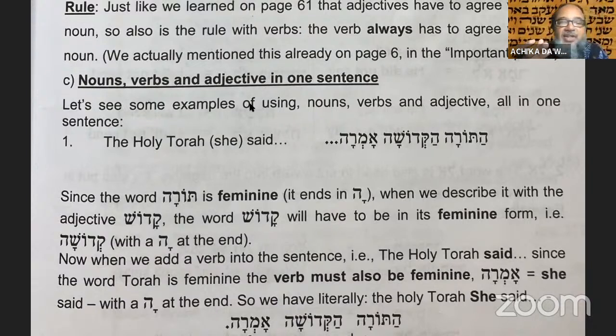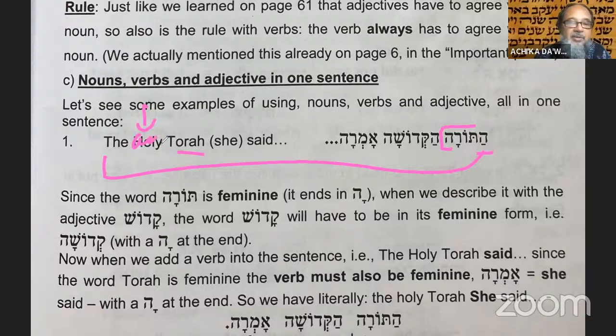So the sentence is, the Holy Torah, she said. Again, I always go back to how beautiful it is to have the femininity, because the Torah itself is feminine. The Torah itself is feminine because it has that ah on the end. So the ha is the, Torah right here, but it's being described by kadosh.